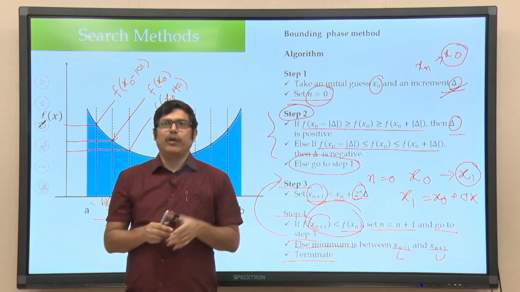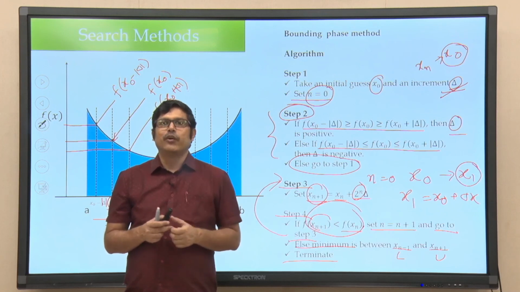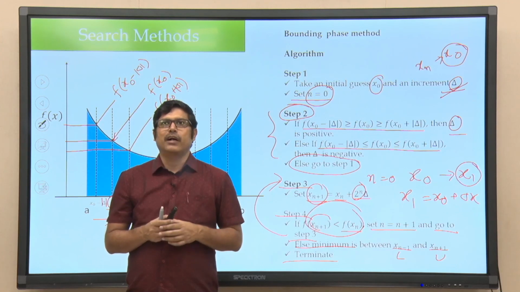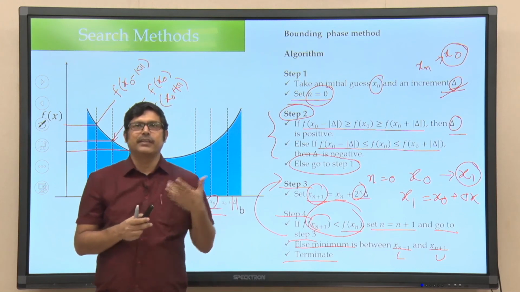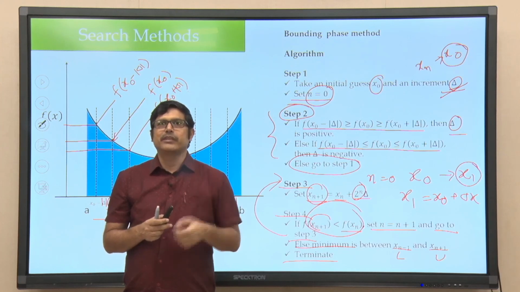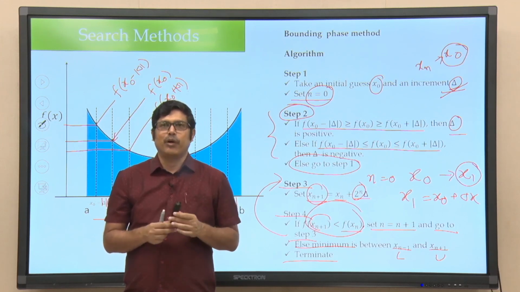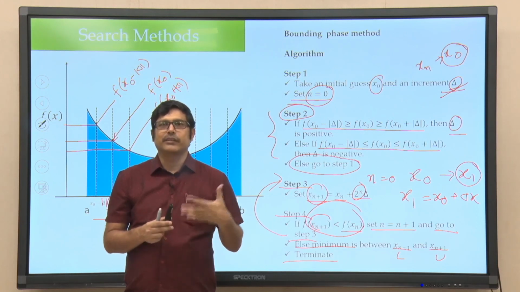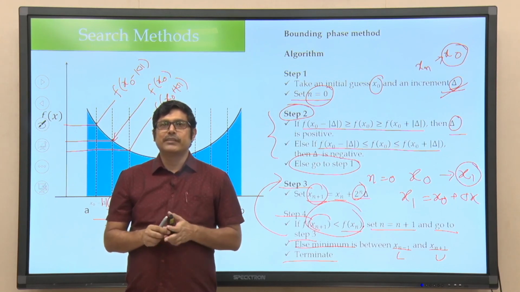Whenever I say exact optimal solution, you may not get it exactly, because you have to rely on some precision, suppose 10 to the power minus 3, 10 to the power minus 6, 10 to the power minus 15. If that level of precision is reached, I can say that is the optimal solution of this problem, which you can find using the other algorithms. I hope this is clear to you.